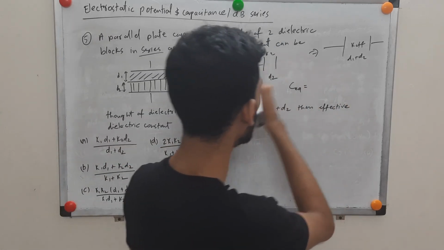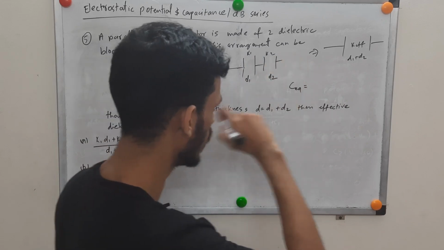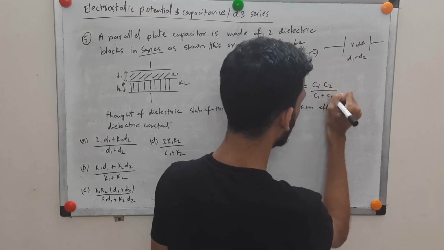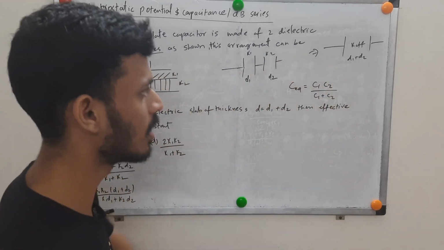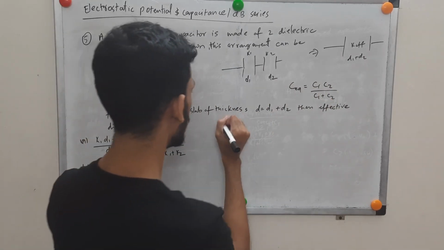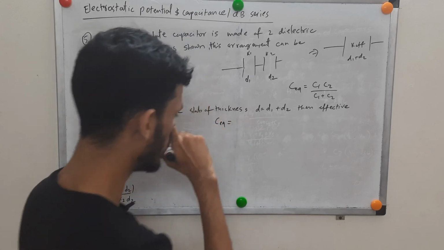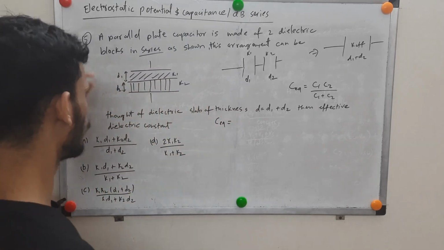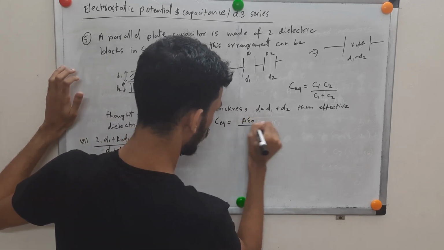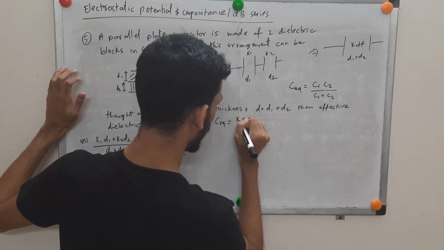So C equivalent, this is a series combination as I told you. So C equivalent will be product upon sum, or the sum of their reciprocals. For 2 it is basically C1 C2 upon C1 plus C2. If you see C1, what is C1? A epsilon naught by D1, and you'll also have K1.